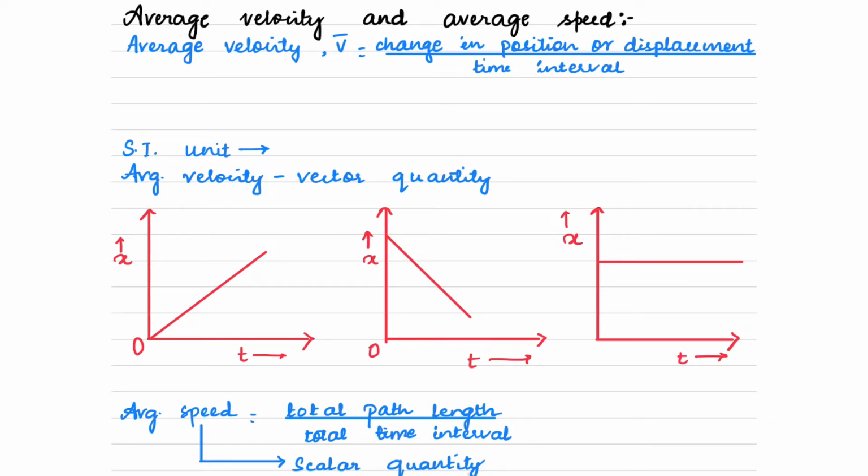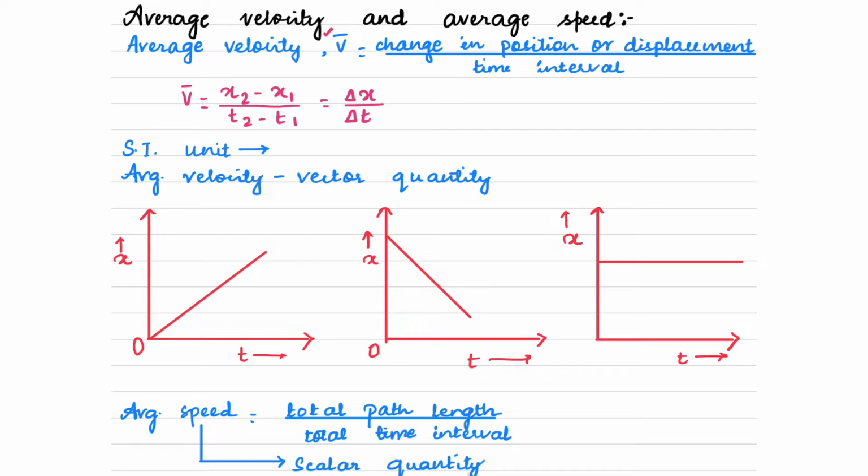Average velocity, represented by v bar, is given by the change in position or displacement divided by the time interval. I can write v bar is equal to x2 minus x1 divided by t2 minus t1, which is equal to del x by del t, where x1 and x2 are the positions of the body at time t1 and t2 respectively.